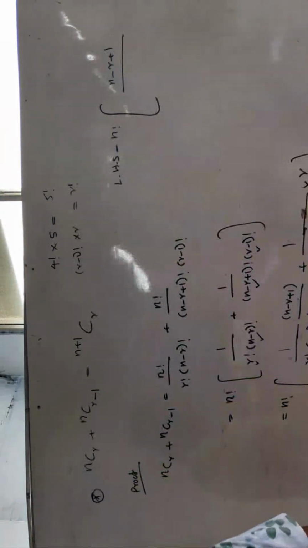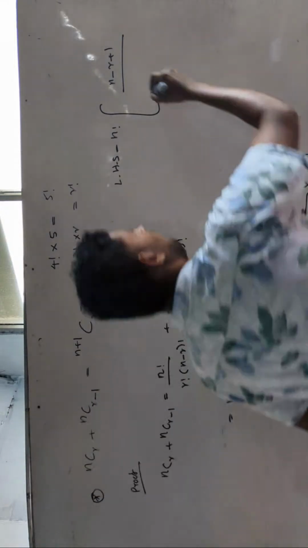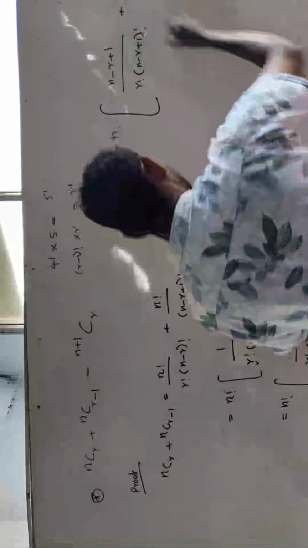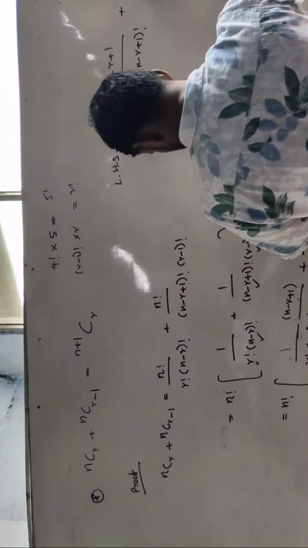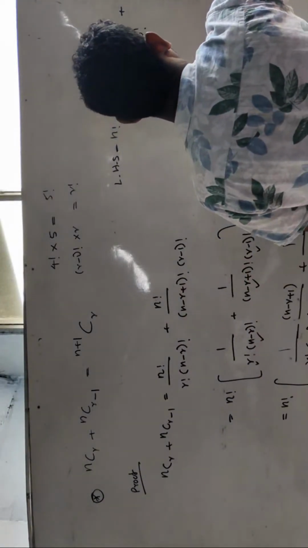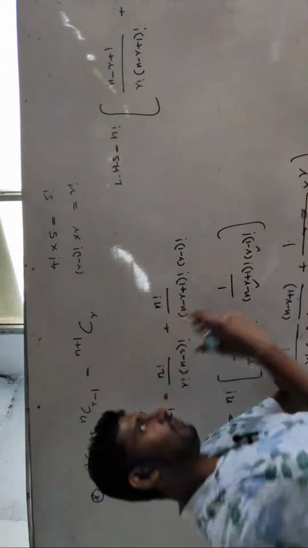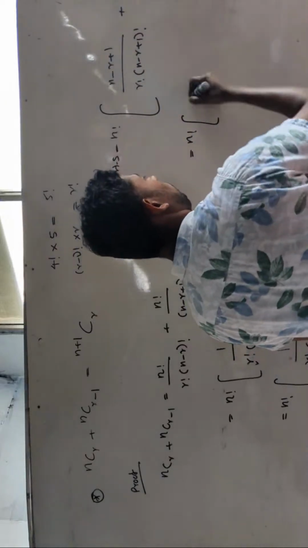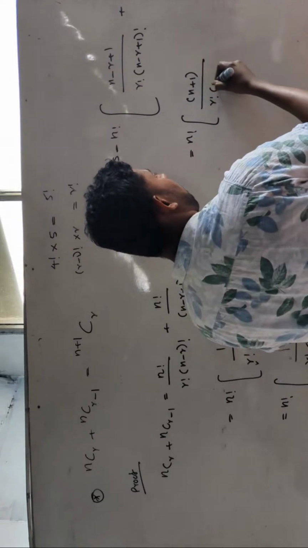What will happen to the denominator? Factorial r, n minus r plus 1 factorial, and again here r over n minus r plus 1 factorial, factorial r. You can see there's a common denominator, so you can simplify the numerator with it. When you add these two, it will be n plus 1 over factorial r, n minus r plus 1 factorial.